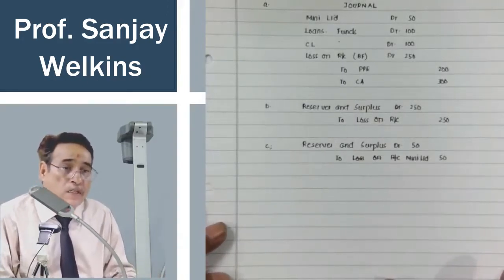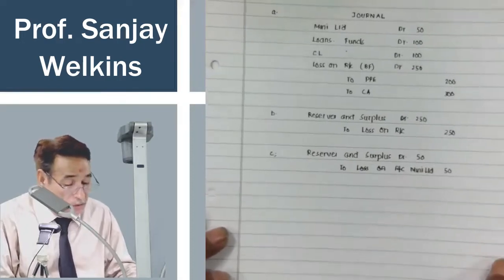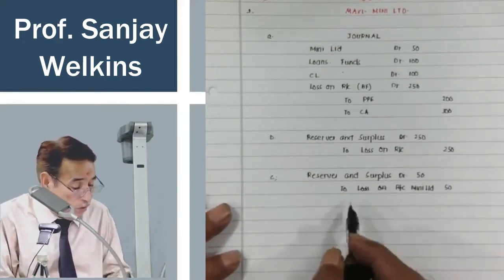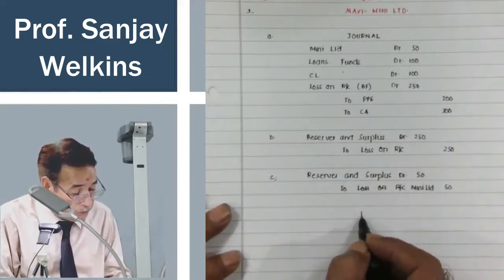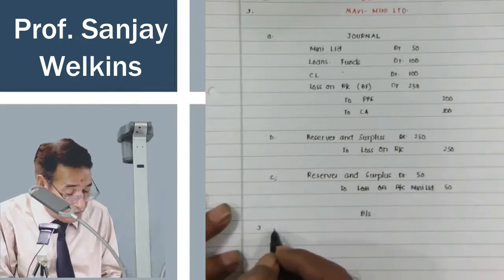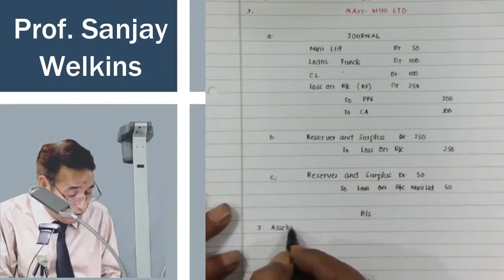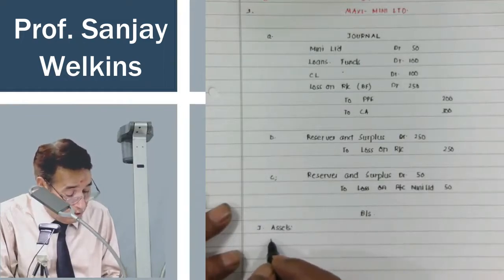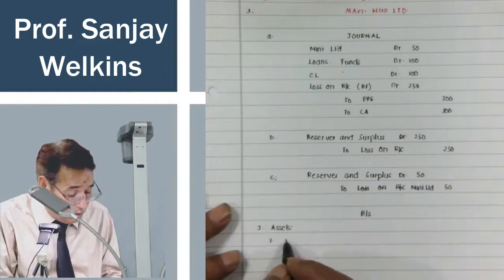Now, the next point is with respect to preparation of balance sheet. Assets. So, only one division is left with us, that is Maxi division. We will consider their accounts only. Non-current asset.